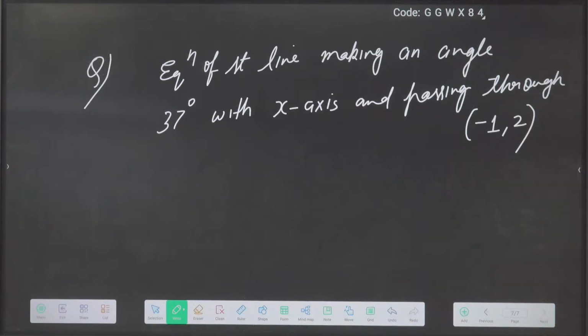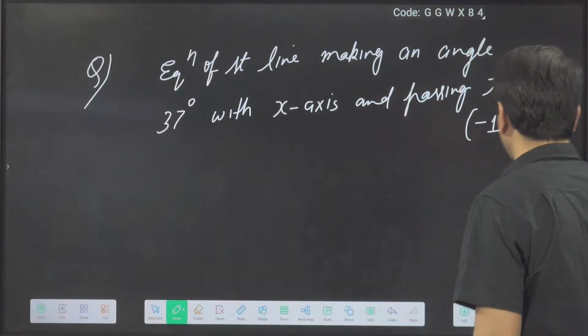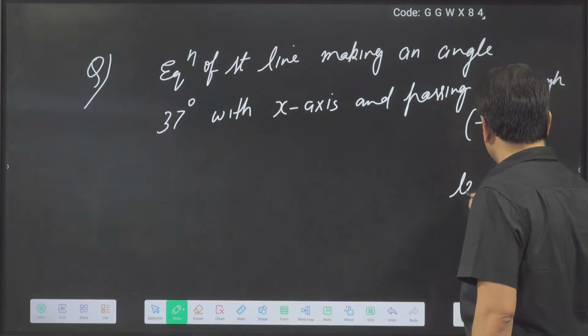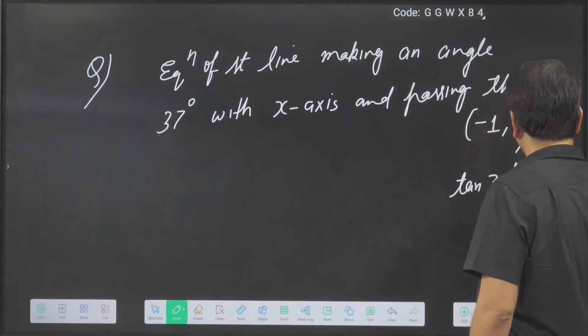Okay. One more question. Making an angle 37, I will say the value, maybe Mohit sir said, tan 37 is equal to 3 by 4.